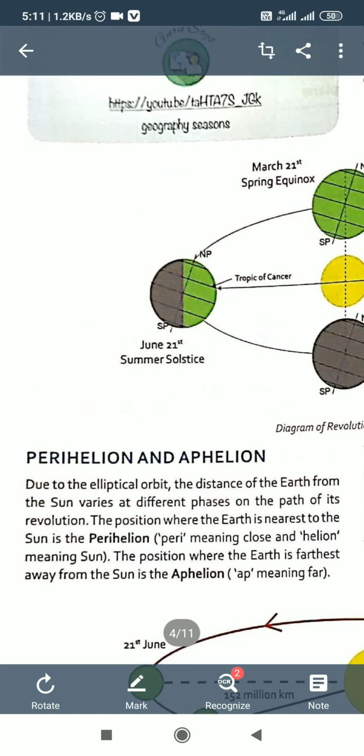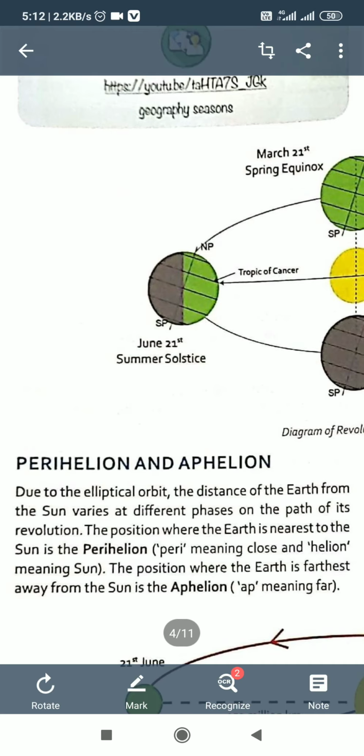On 3rd January, when the earth is closer to the sun, at 147 million kilometers, the earth is said to be in perihelion, peri meaning near and helios meaning the sun in Greek. On the other hand, when the earth is farthest from the sun, at 152 million kilometers, on 4th July, the earth is said to be in aphelion, ap meaning away from and helios meaning sun.